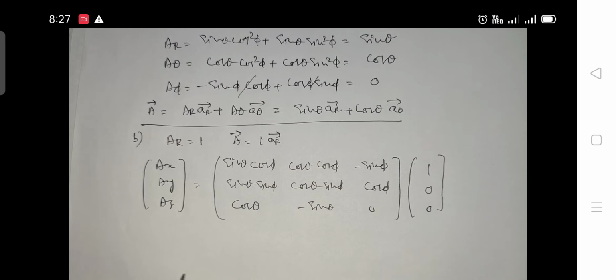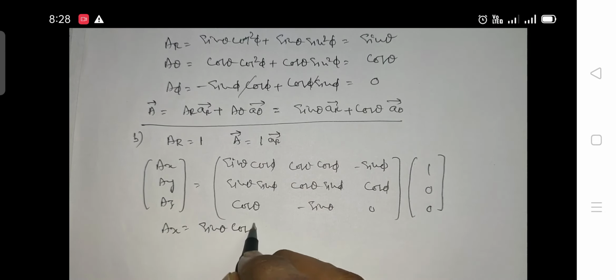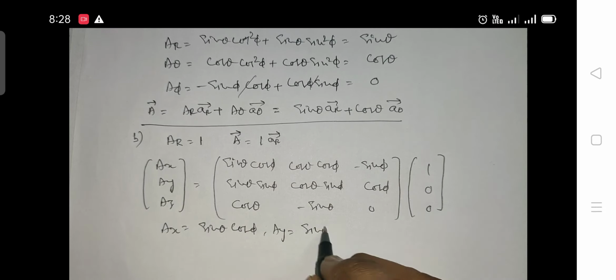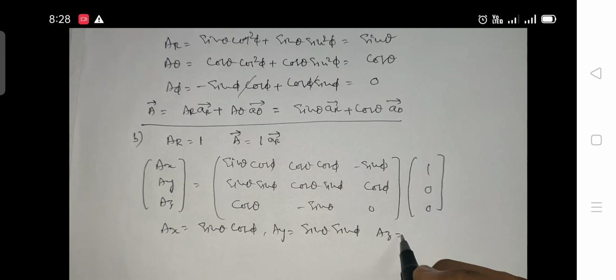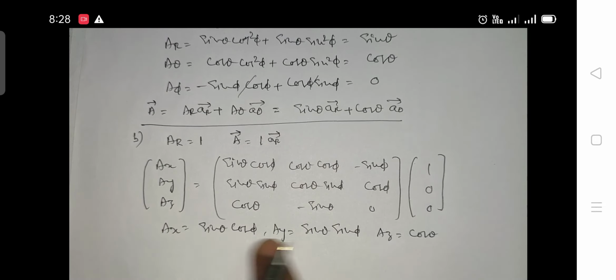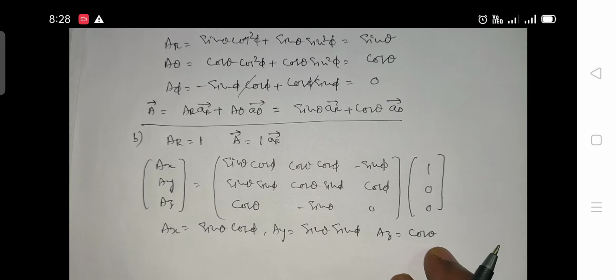And if you simplify this, we are going to have the value of Ax. Simply have the multiplication, we get sin theta into cos phi, and Ay is equal to sin theta into sin phi, and Az will be equal to cos theta. Simply have the multiplication process. So these are the components we are going to have in rectangular system.